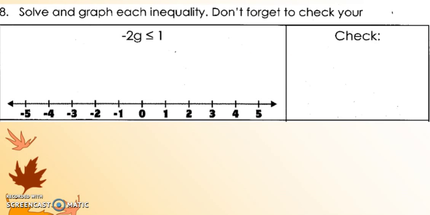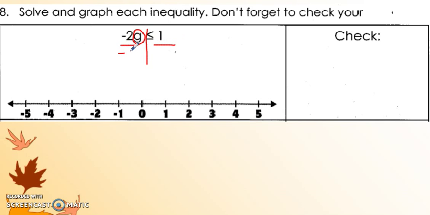Let's look at an example. We are going to solve and graph this inequality: negative 2 times g is less than or equal to 1. Because we want to get g isolated, the opposite of multiplication is division.